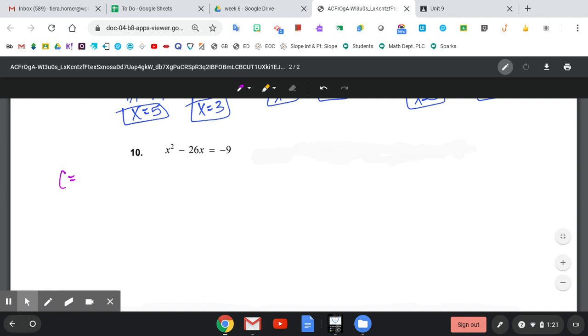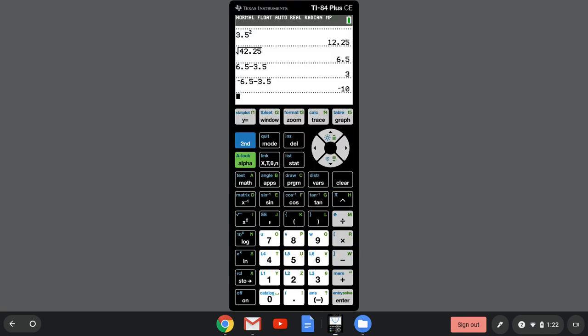Okay, so first you should have found your c by doing half of b squared. B is negative 26, so half of negative 26 would be negative 13. Negative 13 squared. Remember, we want to put that in parentheses.